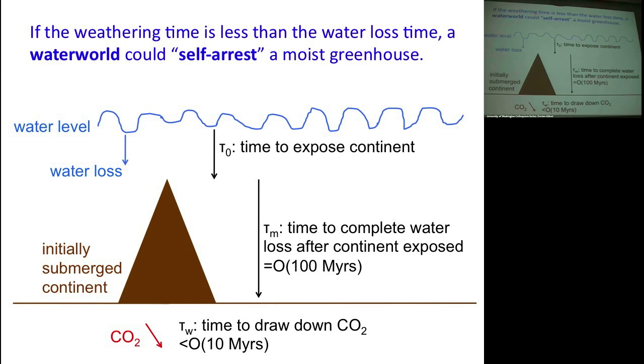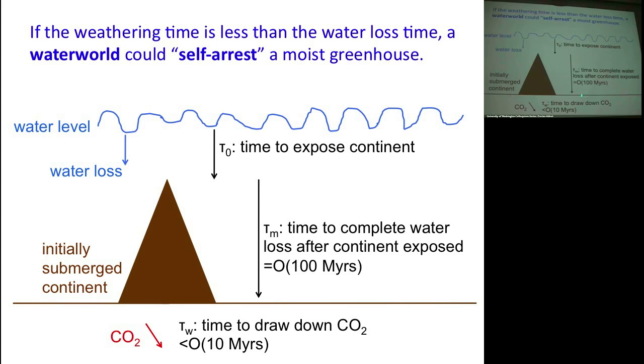For example, we have in Earth's history the snowball Earth, where we think the CO2 was built up to immense values, maybe a tenth of a bar of CO2. And on a very short time scale, 10,000 years, 100,000 years after the snowball Earth event, all of that CO2 was able to be drawn out of the atmosphere through weathering. So it could be, in fact, a very short time scale. But it's definitely reasonable that it's under 10 million years.